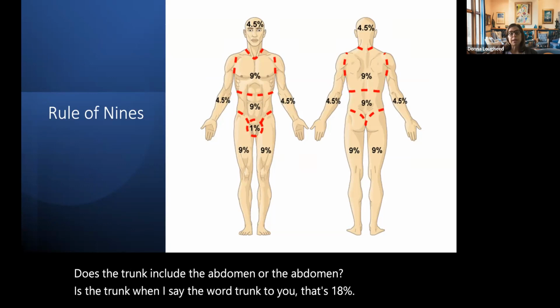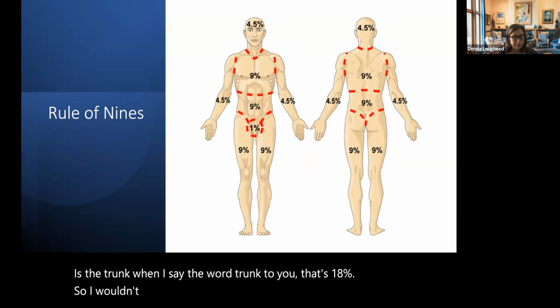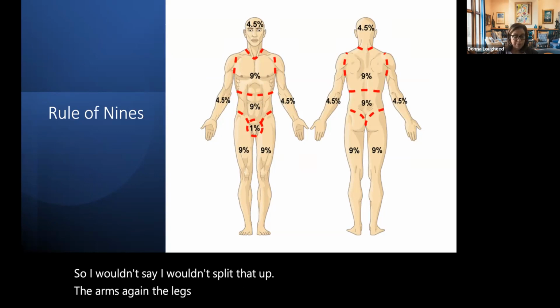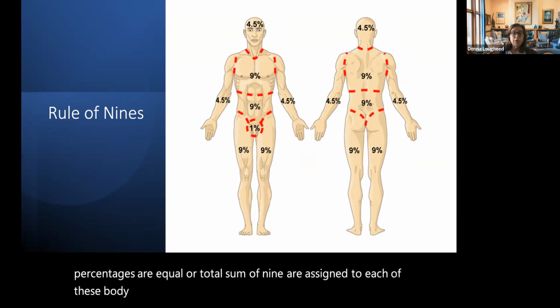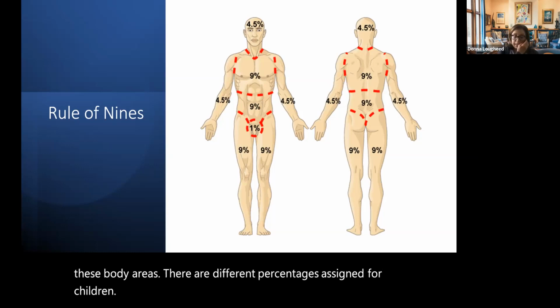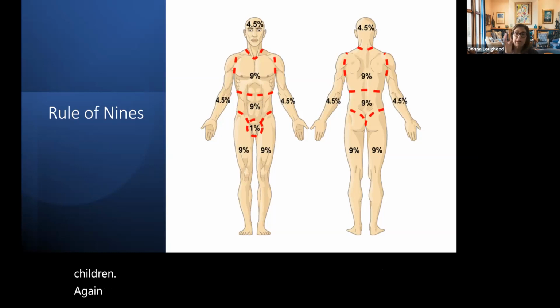So I wouldn't split that up. The arms, again, the legs, and then the perineum is 1%. So these percentages, equal or totaling a sum of 9, are assigned to each of these body areas. There are different percentages assigned for children. Again, let's disregard children at this point.